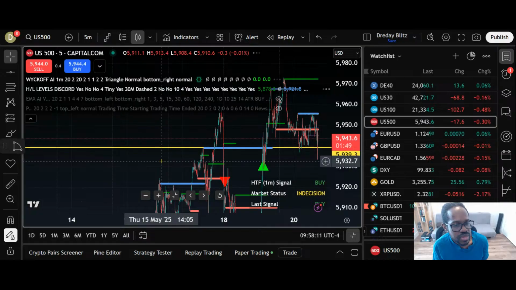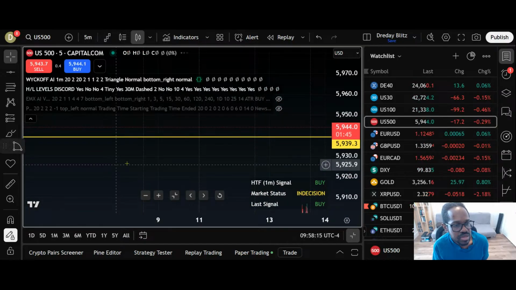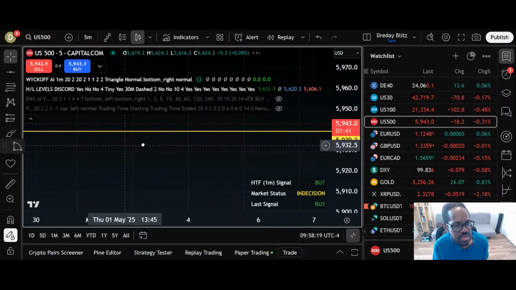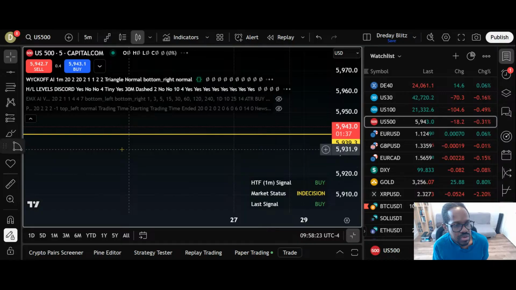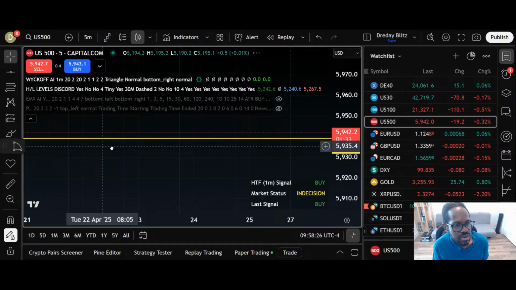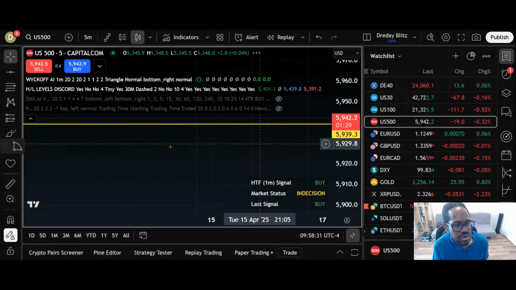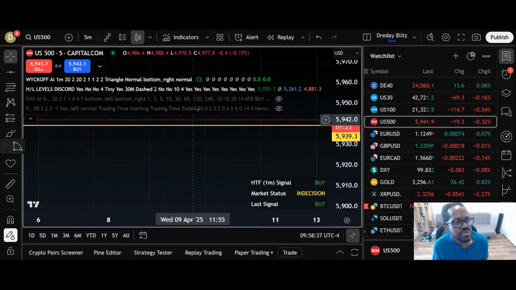I think it broke it a little bit, but maybe there's another level after this big one, but it's more or less the right level. The price went higher than that in the past.